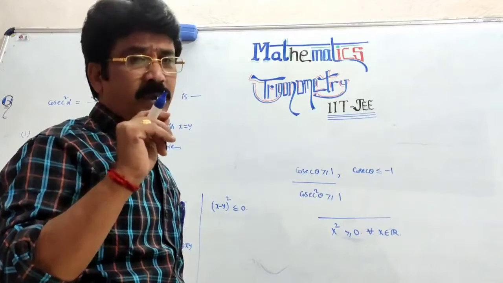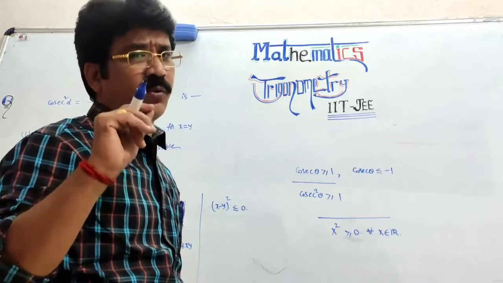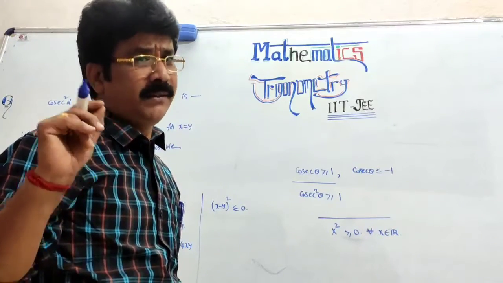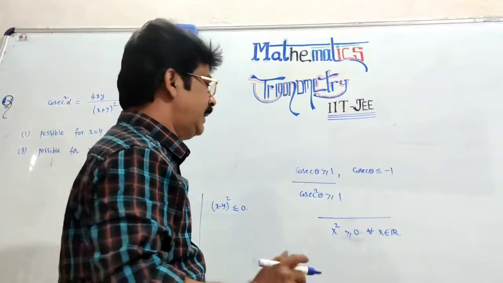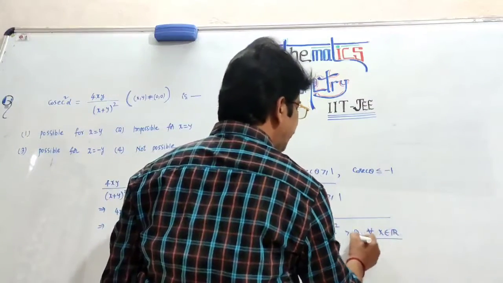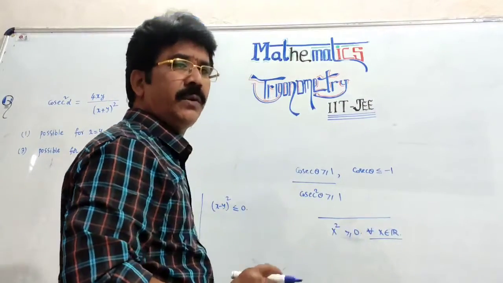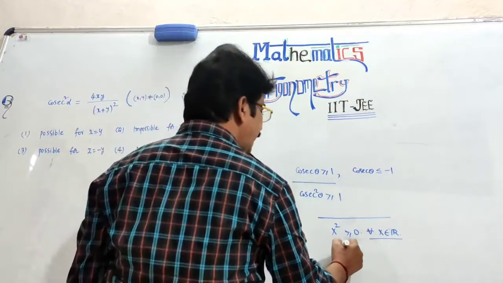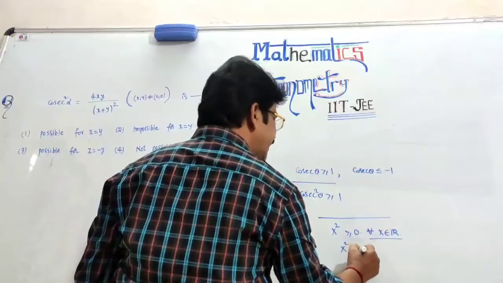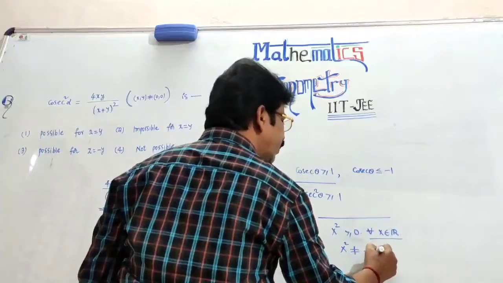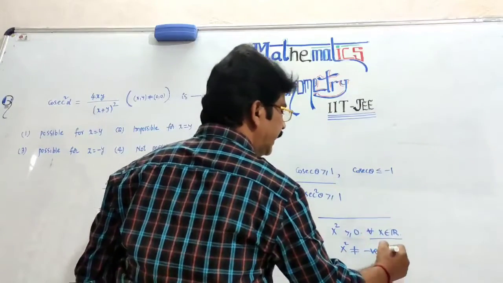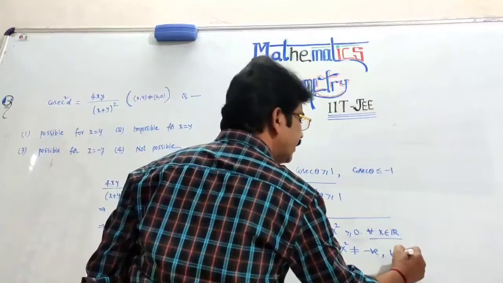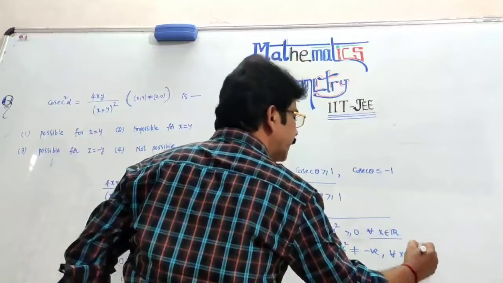Next take x equal to minus 3: x square is 9, also greater than 0. So you can take any real number, but its square is greater than or equal to 0. It is never negative for all x belonging to R.